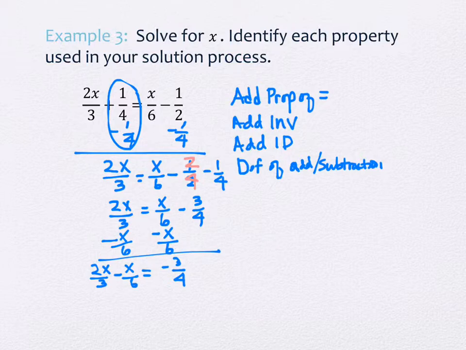Now, subtracting the x over 6 to the other side is actually the same one that we had before. That's the additive property of equality. And when I do that, I get this to be 0 right here. That's the additive inverse property. And then that 0 adding to the negative 3/4, becoming negative 3/4, that's the additive identity. So I'm using all these same 3 top ones again. All that was happening a second time.